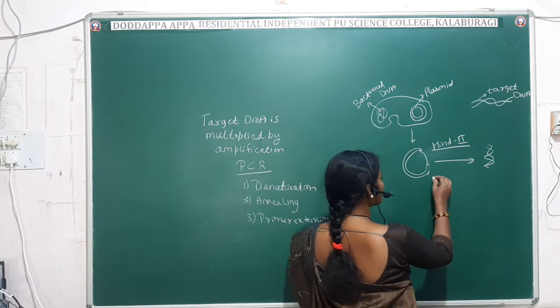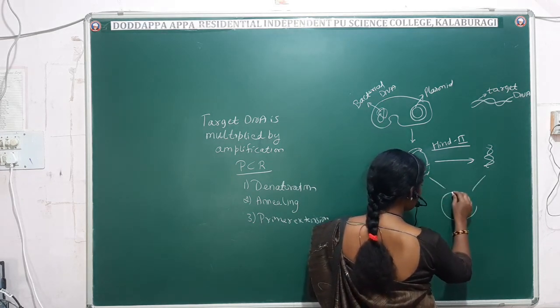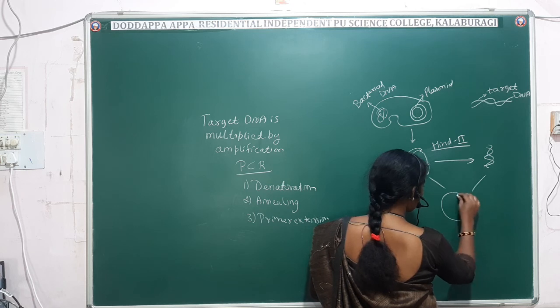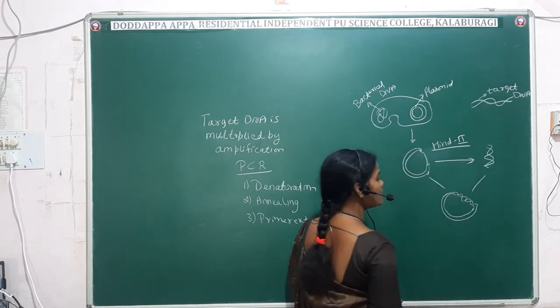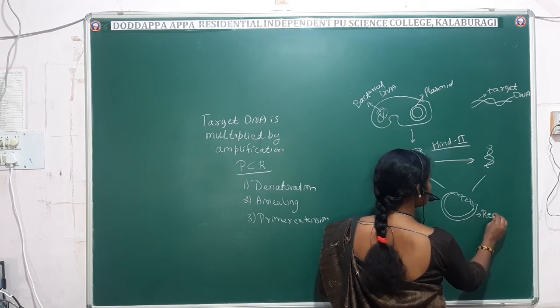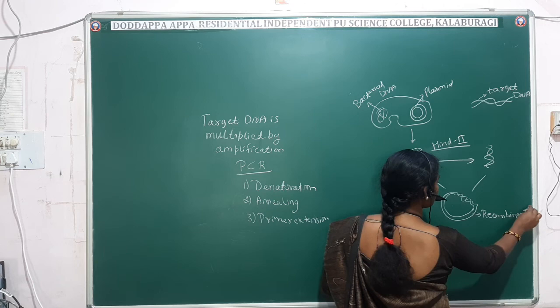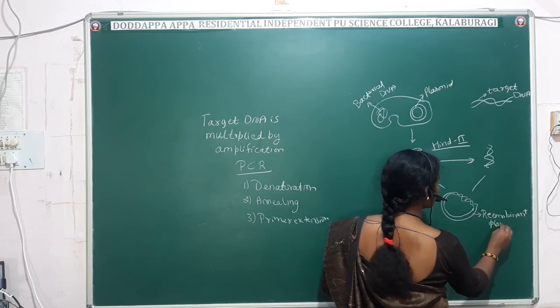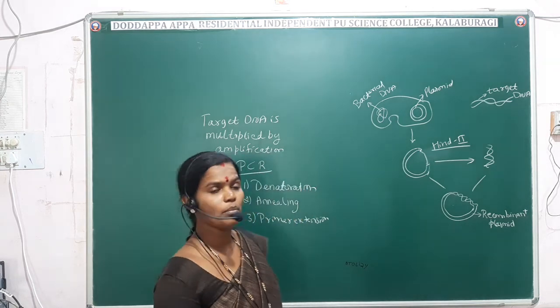In place of the tetracycline resistance gene, we are adding the new DNA molecule, the target DNA. So two organisms' DNA is added, and that is called a recombinant plasmid.